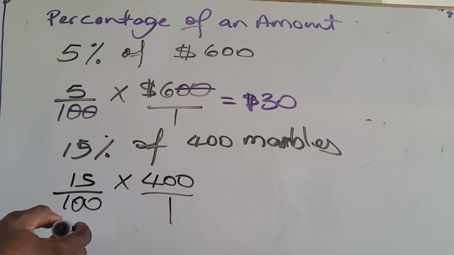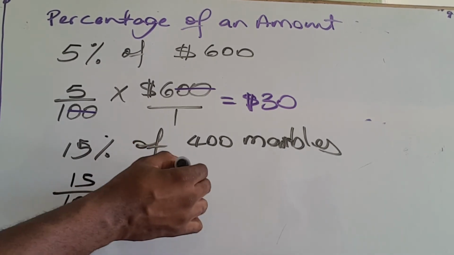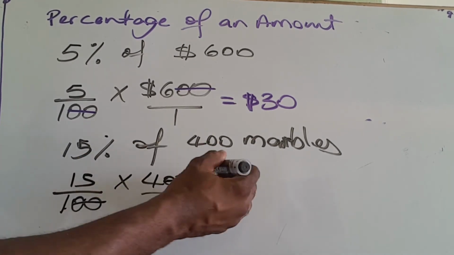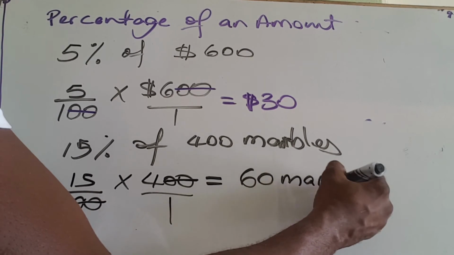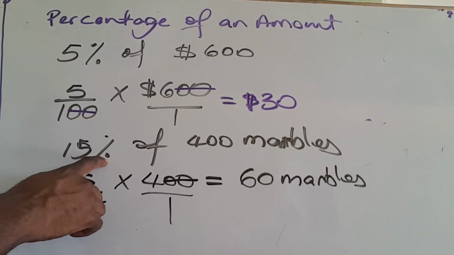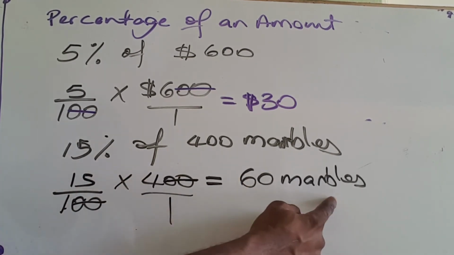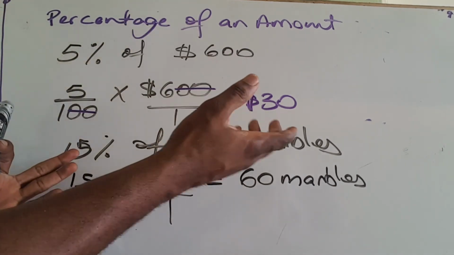So let's cancel down. Well, luckily, 100 could work again. 100 into 100 one time, and 100 into 400 4 times. 15 times 4, and my answer is 60 marbles. So this is saying that 15% of 400 marbles is actually 60 marbles. So that is how you find the percentage of an amount.